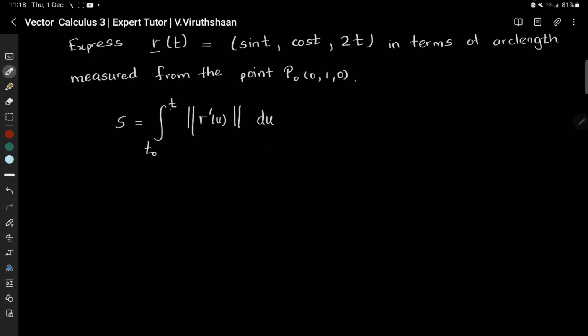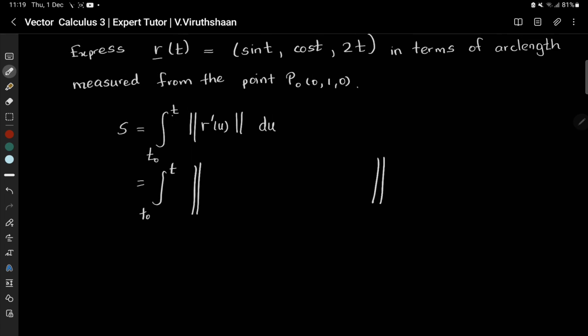So how can we figure out the answer? Let's do the first step now, t naught to t, and we are going to find the mod value, or the second norm, of the vector r dash u. In the previous video I explained that r u simply means r t, but sometimes it might be confusing because we are using t as the upper limit, so that's why we have taken u.